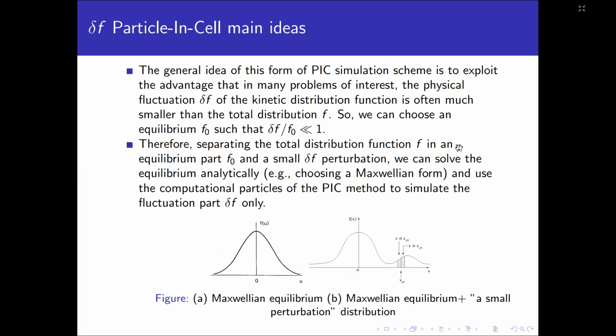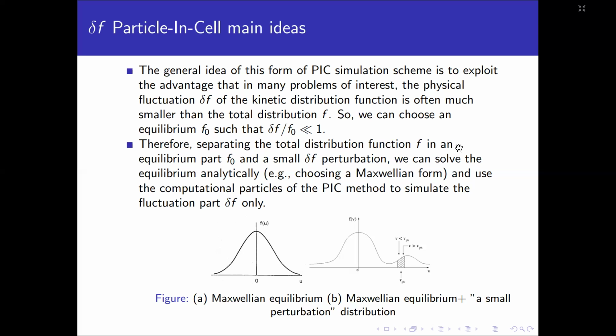So you can solve the equilibrium part, the well-behaved part, the well-known part as the Maxwellian form, analytically, and only use the particles in the PIC method to simulate this little perturbation. Okay, so that's the main idea of this scheme, right?